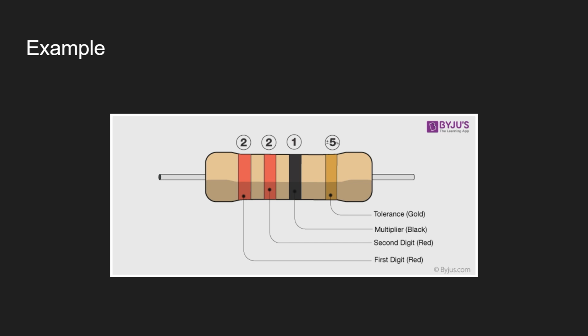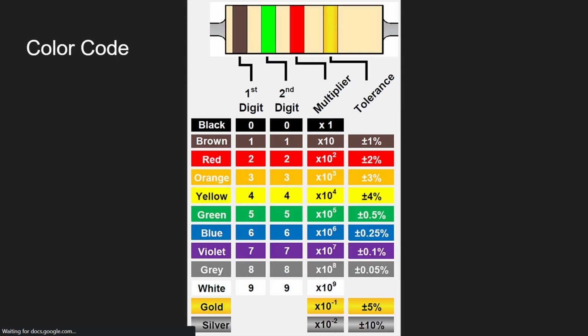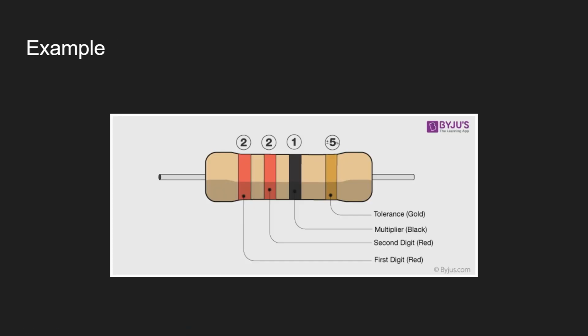Sometimes with a 1% tolerance, it is very difficult to read which way, because the first digit band and the tolerance band can look alike. So normally they will print the band closer to one end to start with.